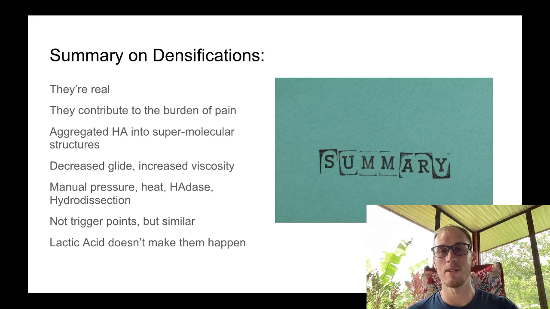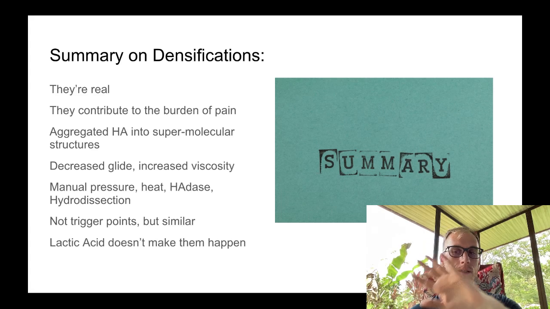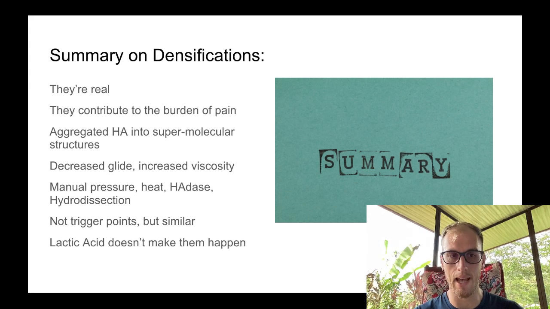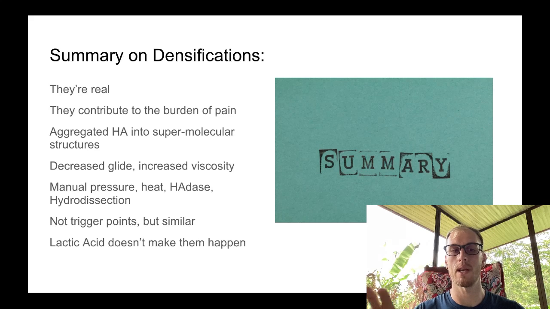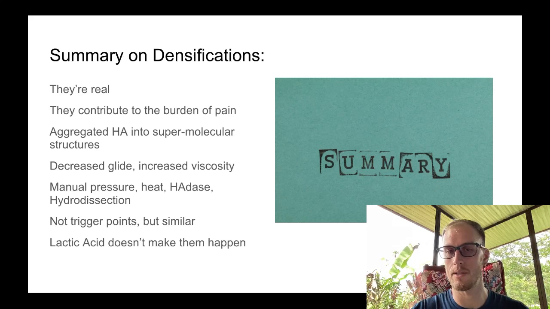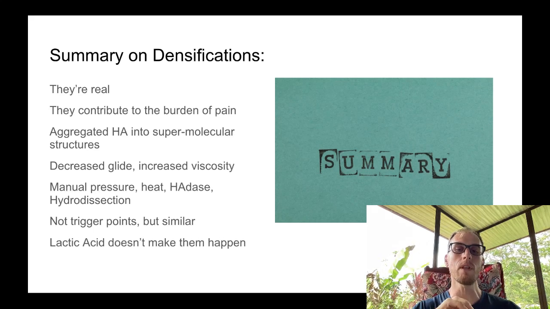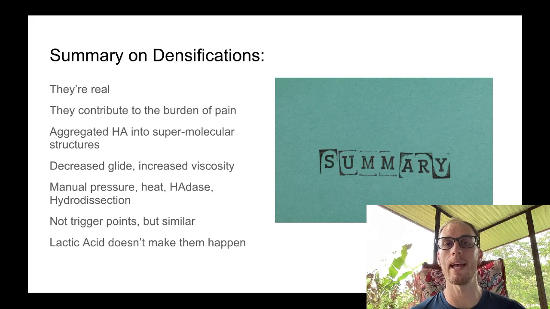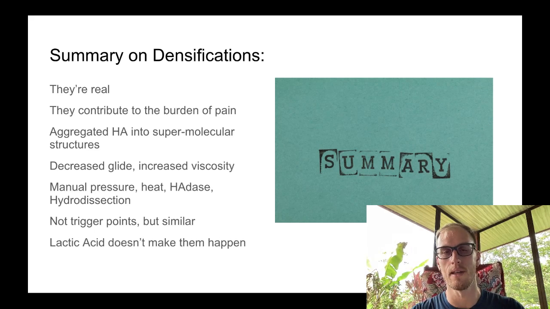Densifications produce and contribute to the burden of pain, on an individual level and on a much broader level as well. The physiology of our densifications includes aggregated hyaluronic acid into supramolecular structures, which end up leading to an increased viscosity of that portion of the tissue and a decreased glide, which is often also associated with inflammation.